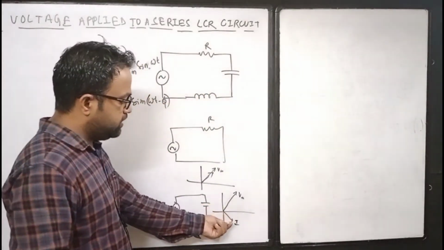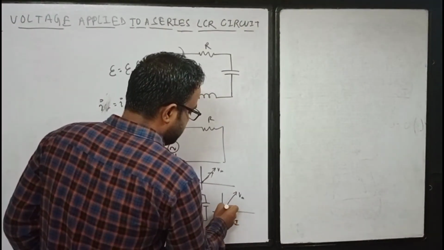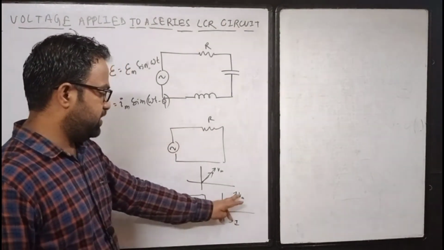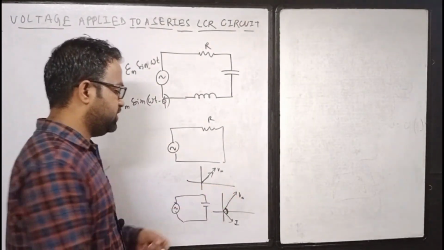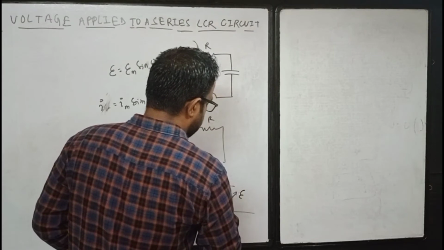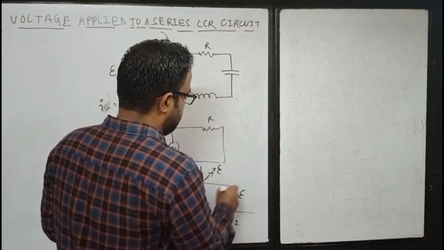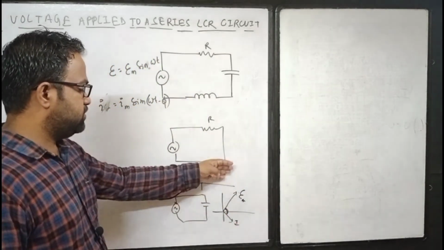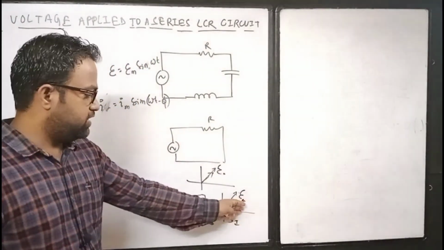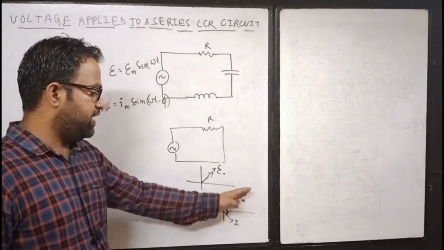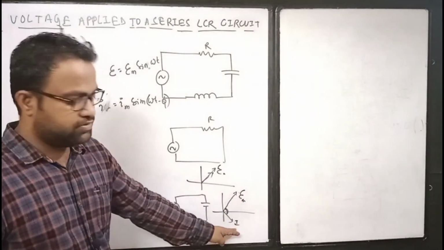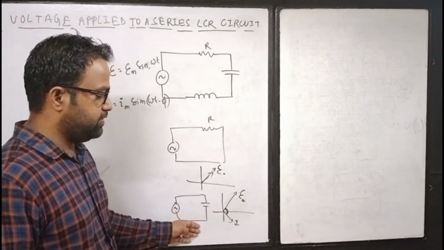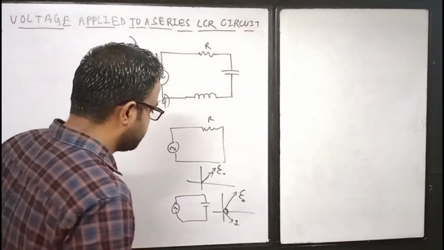So here there will be a 90-degree angle between both your I and the EMF you are applying, or EM. So here the voltage is moving ahead of this current, and you can say current is lagging behind in case of a capacitor only circuit.